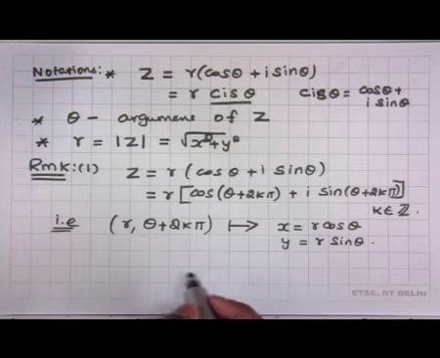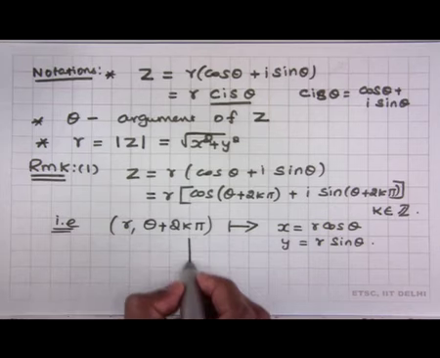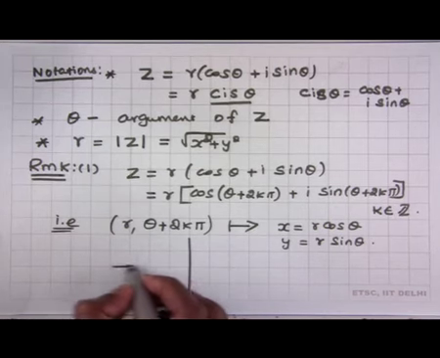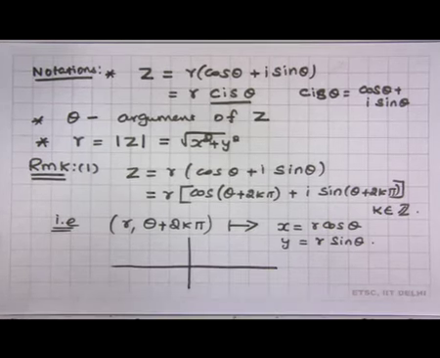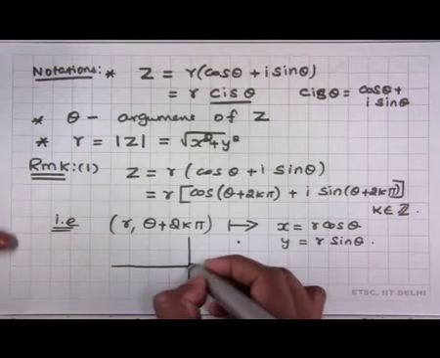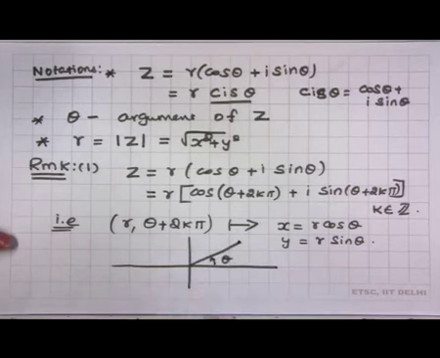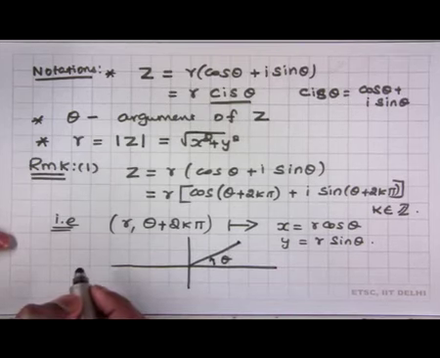How do we understand this? Geometrically. So, we have a point which gives the theta angle from the positive x axis.